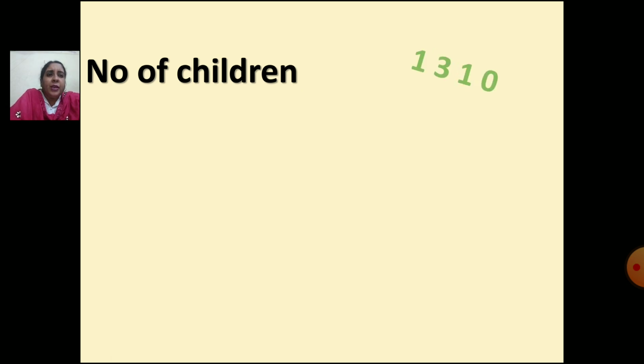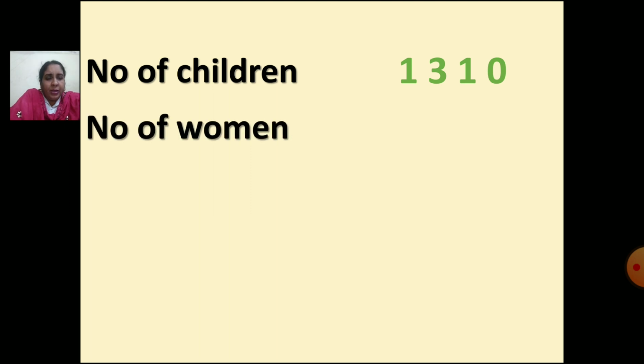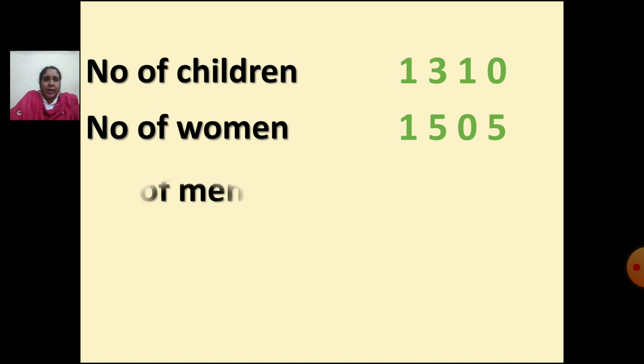Now first statement will be number of children. Yes, so what is the number of children? 1310, right? Now number of women. Yes. Number of women is how much? 1505. Now, number of men.